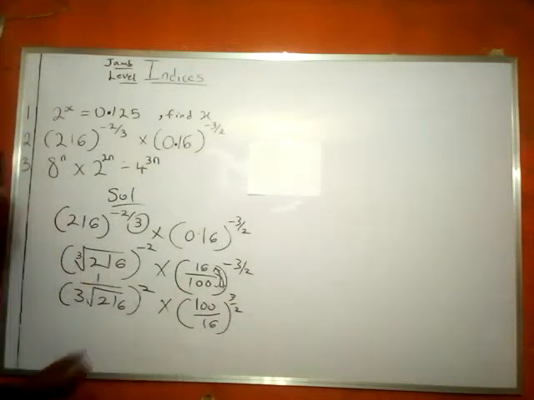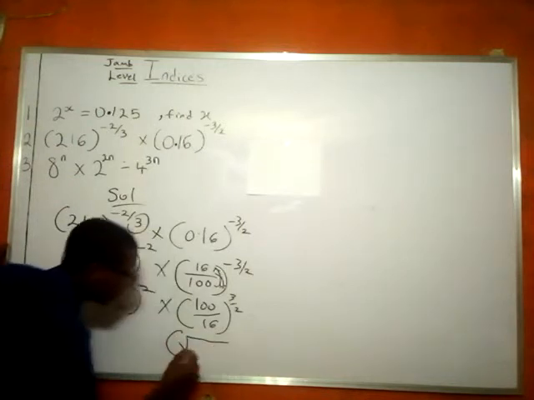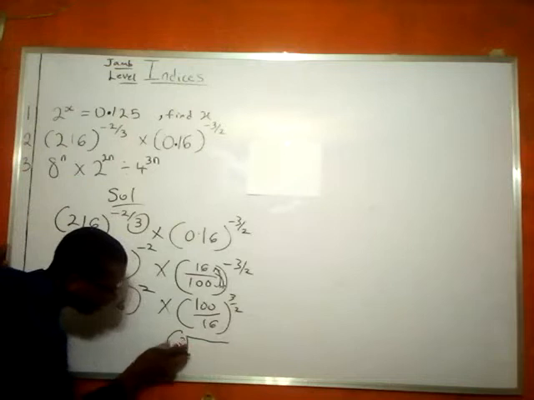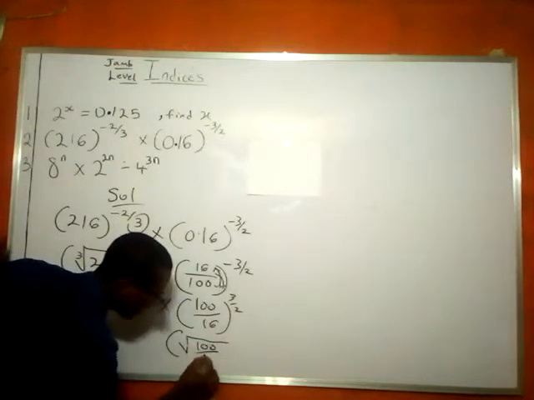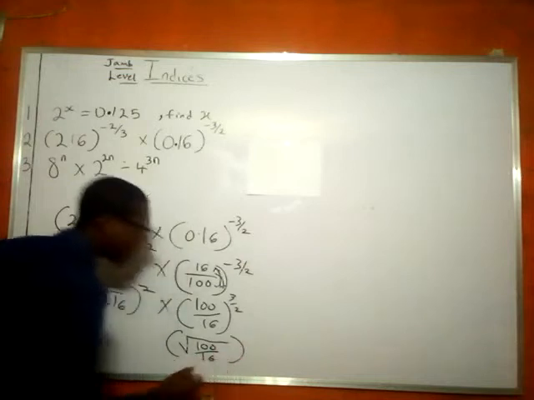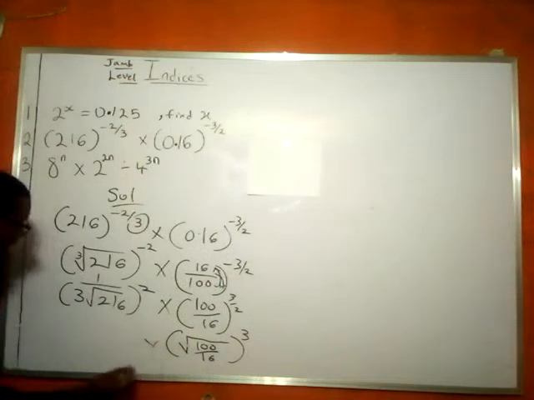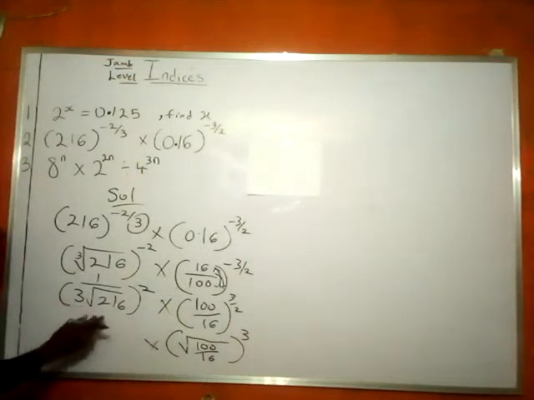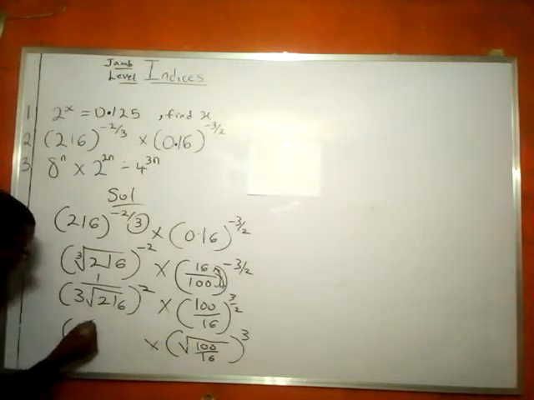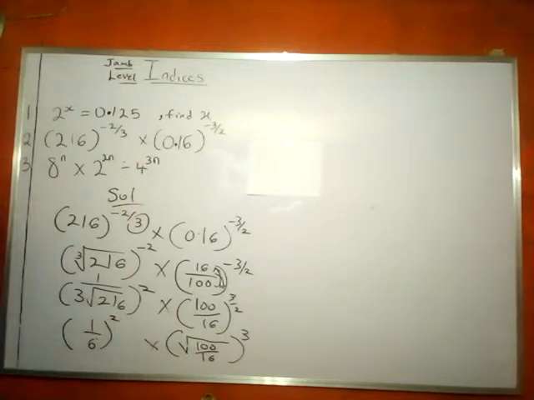For this one, we'll have open bracket square root, in a square root we don't need to put the 2, of 100 over 16 close bracket raised to power 3, multiplied by open bracket 1 over the cube root of 216, which will give you 6, so 1 all over 6 raised to power 2.